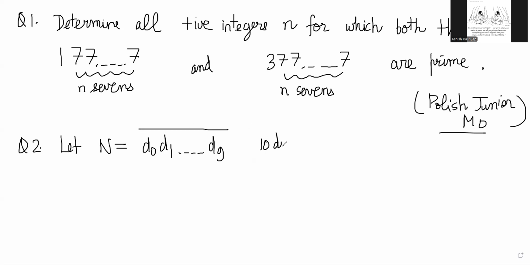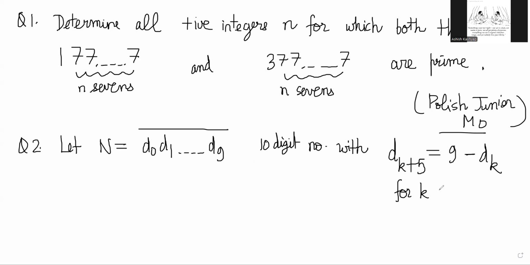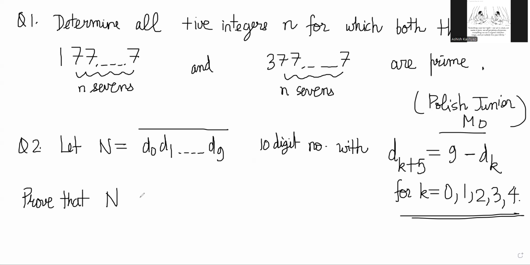This is a 10-digit number with the property that d of k plus 5 is equal to 9 minus d of k, for k equal to 0, 1, 2, 3, 4. You have to prove that n is divisible by 41.